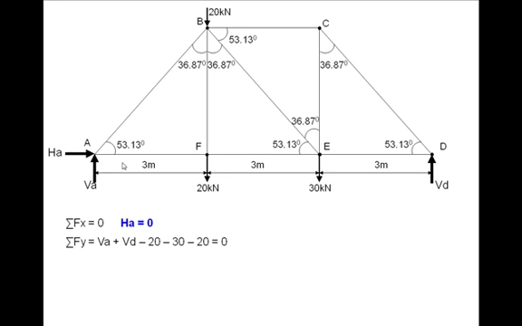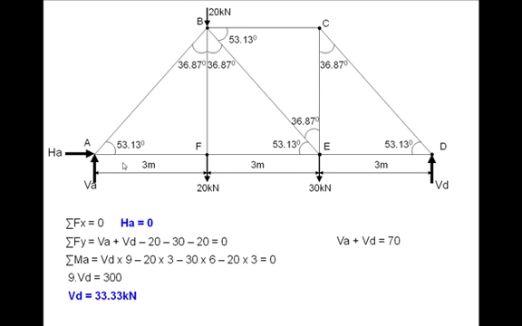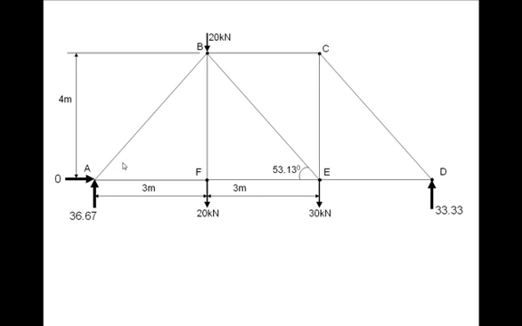And if you do that, as we have done in previous videos, you will be able to work out the reactions like this. Okay, we have done it fast, because here our main interest is to explain the method of sections in particular. So we are ready to actually start with method of sections.